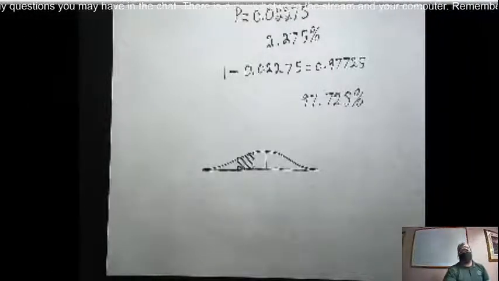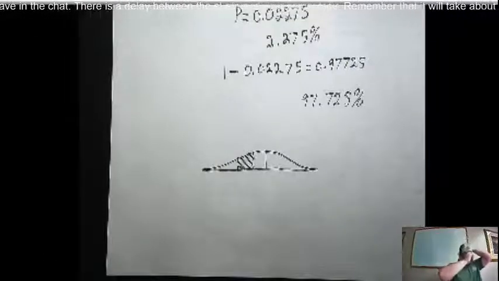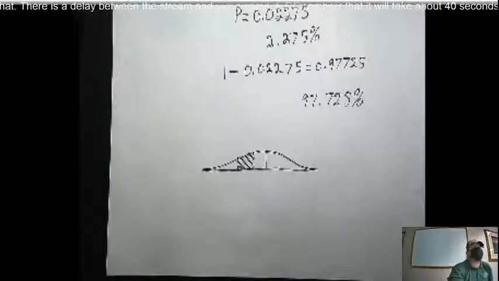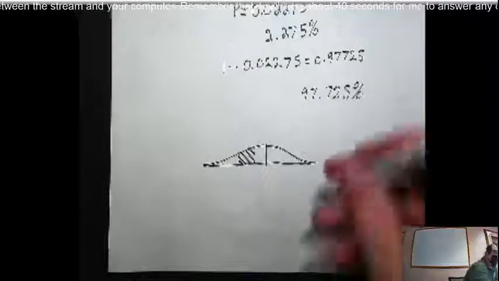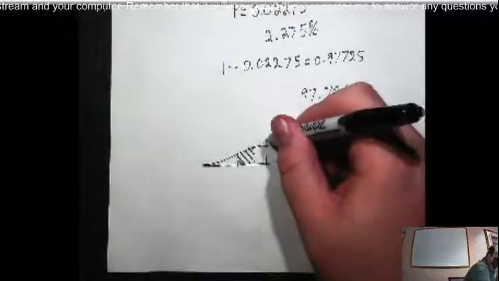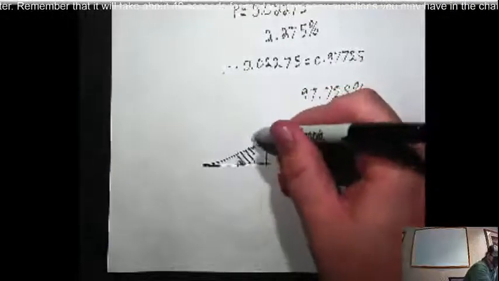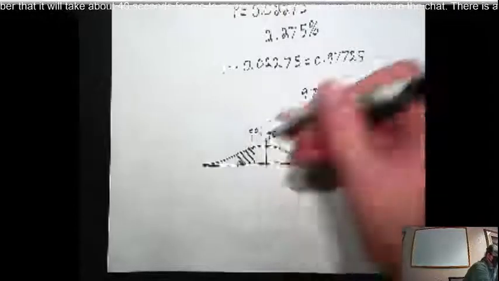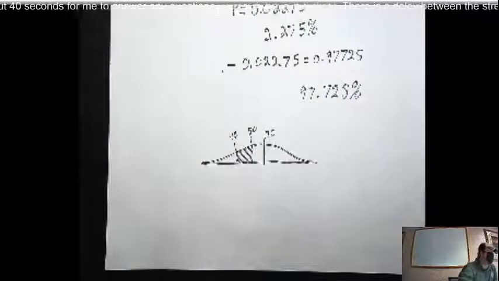Okay, so let's try that out real quick. In fact, let's use the same numbers. So still, mean of 70, and maybe this is also 50, but this one right here is 45.